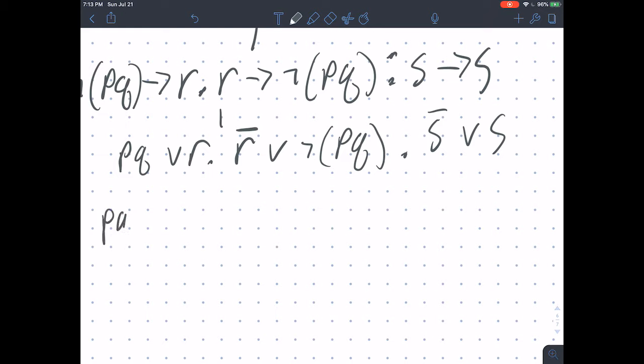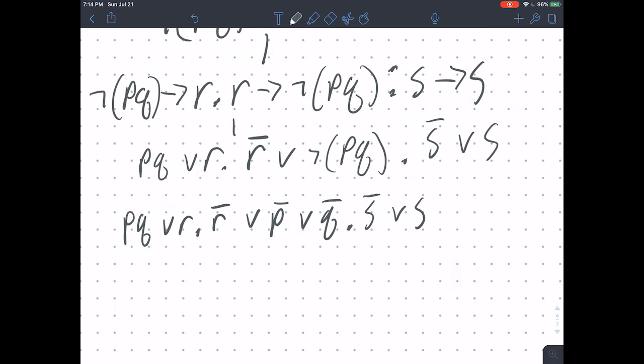And if we apply De Morgan's law, we get not P or not Q. With alternation, it's commutative and associative, so we can vary the grouping and order freely, S or S. Okay, so this clause and this clause are fine.